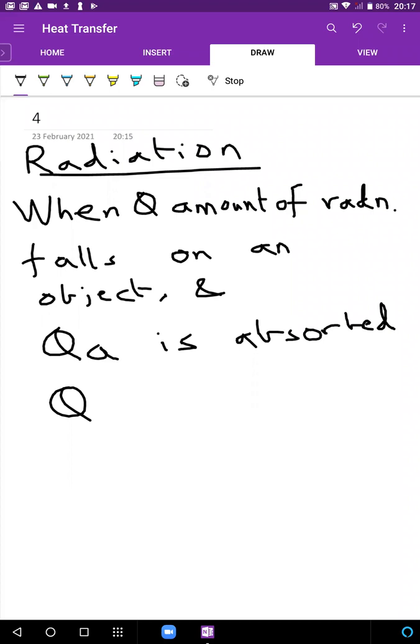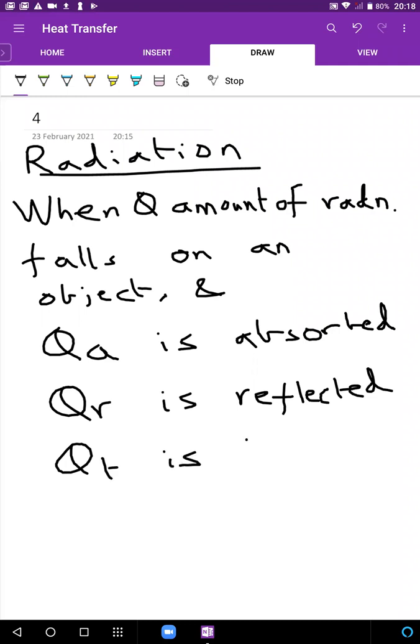What are three things that can happen? The object can absorb heat, the object can reflect that radiation, or it can simply transmit that radiation. So these are three possibilities. QA is the amount absorbed, QR is the amount reflected, and QT is the amount transmitted.